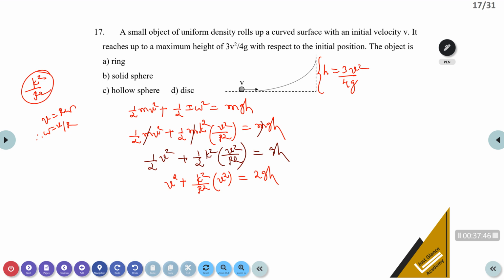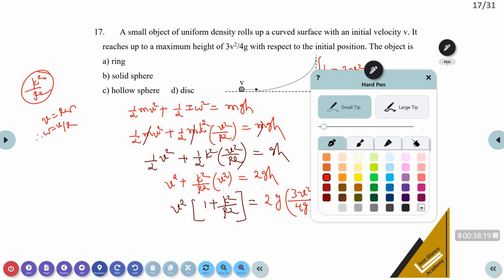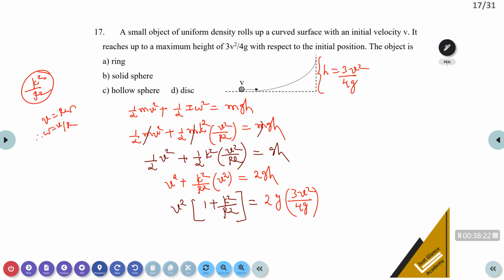Which is the common factor here? v square is the common factor. v square into bracket 1 plus k square divided by R square equal to 2g into h, and we know h equal to 3v square divided by 4g. Now here, check which cancels. This g gets cancelled, 2 1 ja, 2 2 ja, it cancels.